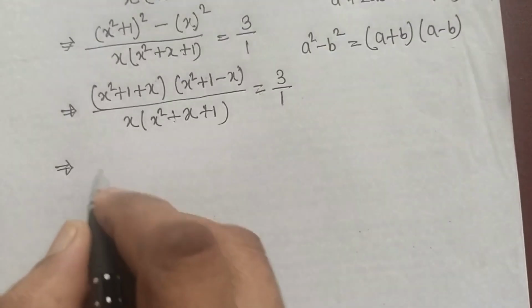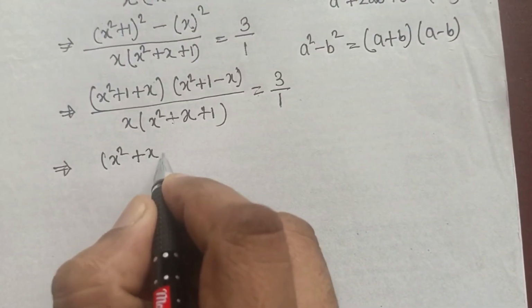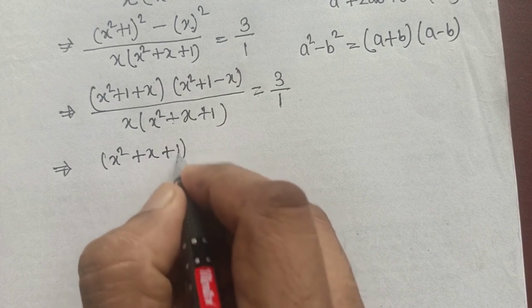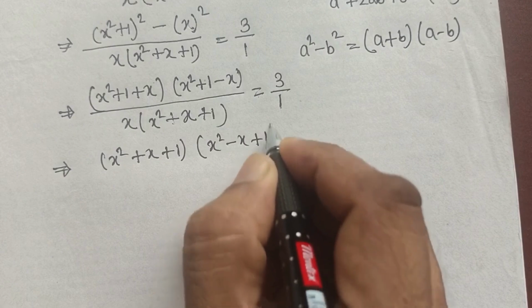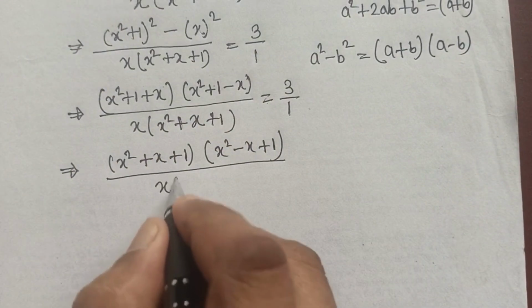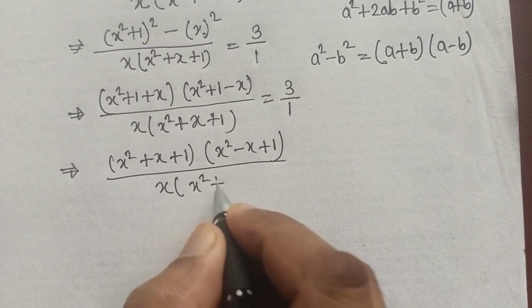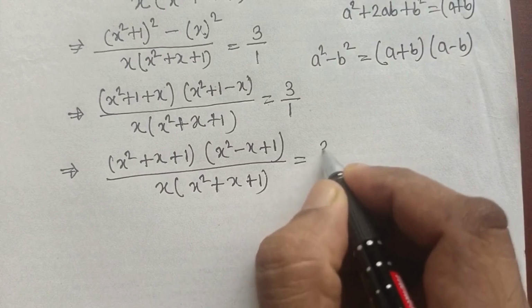Now it can be expressed like this: (x^2 + x + 1)(x^2 - x + 1) divided by x(x^2 + x + 1) equals 3/1.